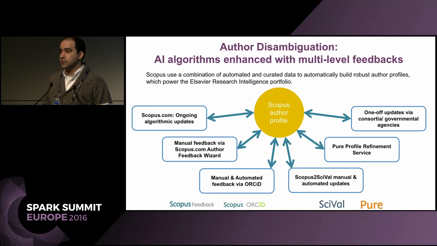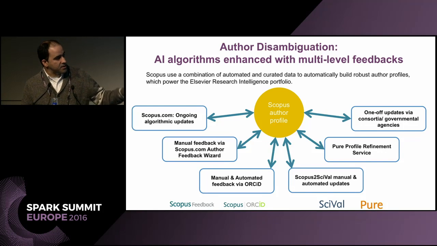We also import a lot of author profiles online, for example, from ORCID. So we can match the documents against that as well. We have other services like SciVal and Pure. SciVal is for, let's say, research organization performance evaluation, and Pure is more like country-level research evaluation.